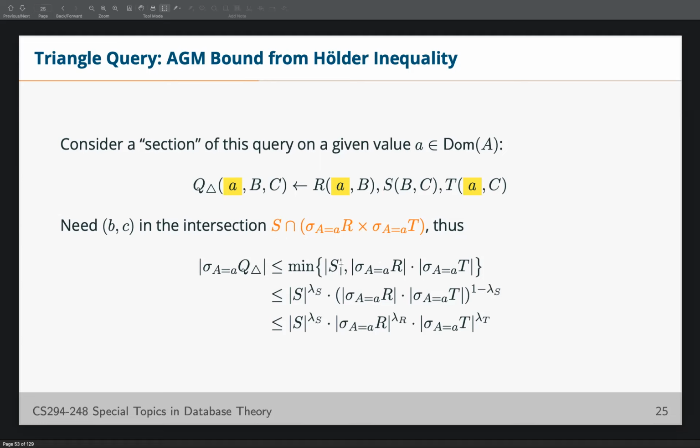Now the minimum of two quantities is bounded by the geometric mean of the two quantities. So if you think of lambda s as equal to 1/2, then the minimum of x and y is bounded by the square root of x times y.